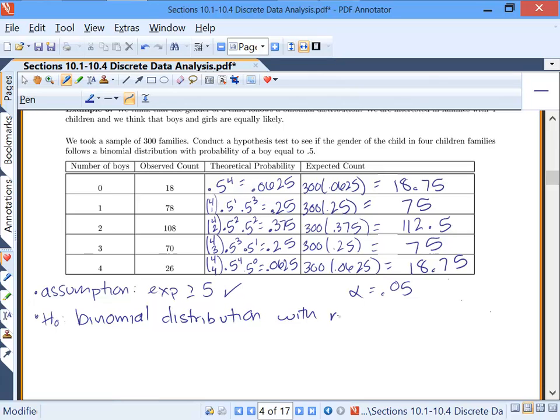You need the n, which is 4, and p, which is 0.5. So the binomial distribution with n equals 4 and p equals 0.5 fits our data. Okay, or that it is a good fit for our data.